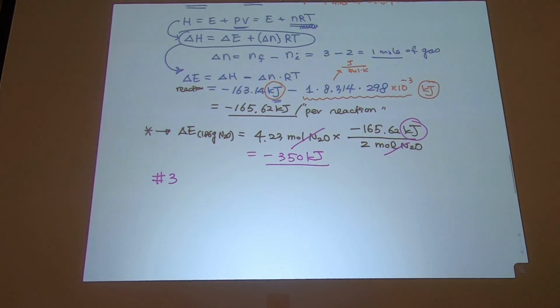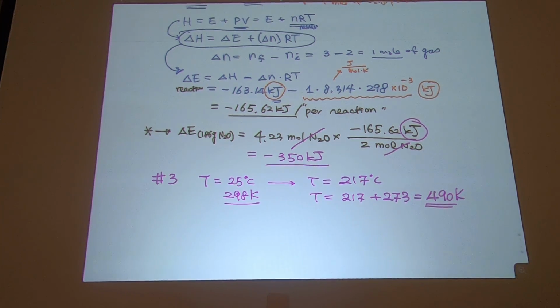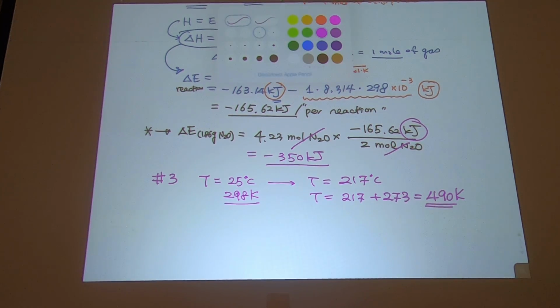So now the temperature used to be 25 degrees C, now the temperature is 217 degrees C. But temperature always has to be written in numbers with a unit of Kelvin. So this one is 217 plus 273, that's 490 Kelvin. So all that has changed is nothing but the temperature.